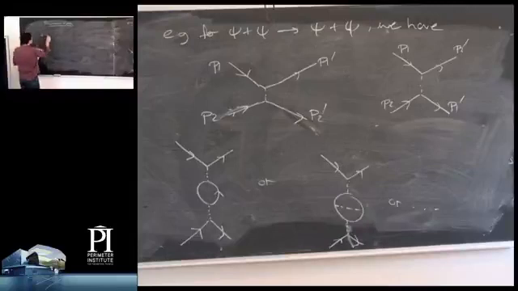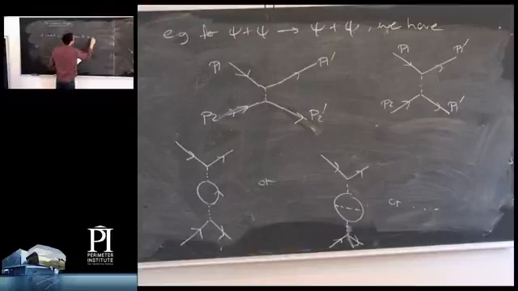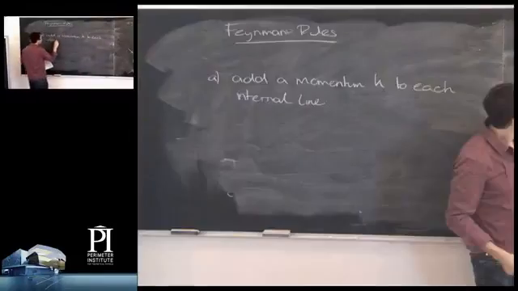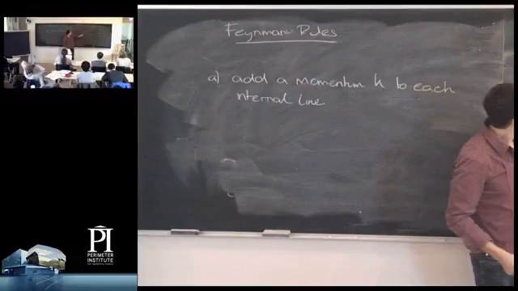Here's the way you associate mathematical formulae to these. Add a momentum k, a 4-momentum, to each internal line. In these diagrams, there's only one internal line, this dotted one.